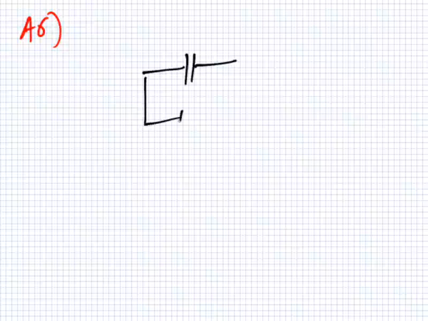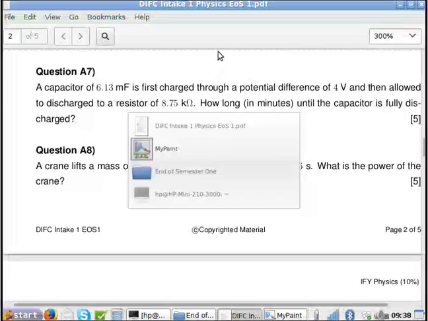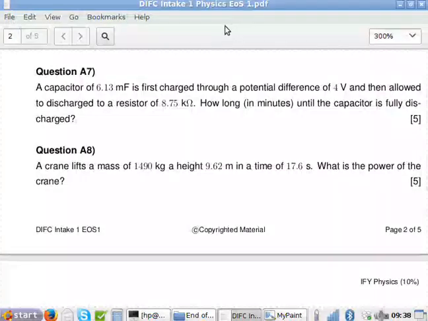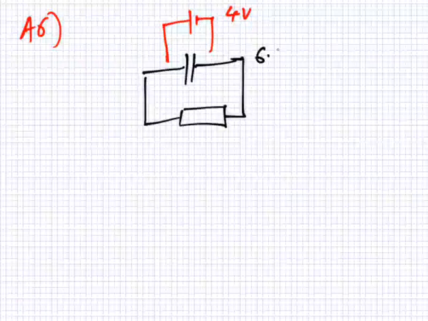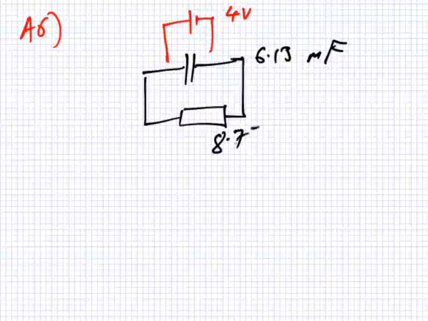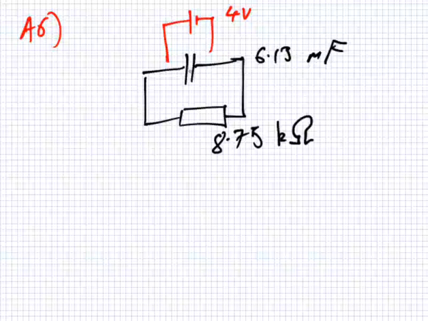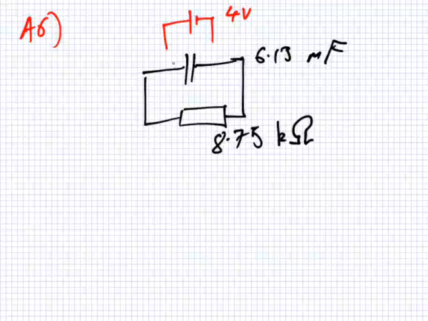The time is 28 days, which equals 28 days times 24 hours a day times 3,600 seconds in an hour, which is 2,419,200 seconds. Or if you want, 2.42 times 10 to the 6 seconds.